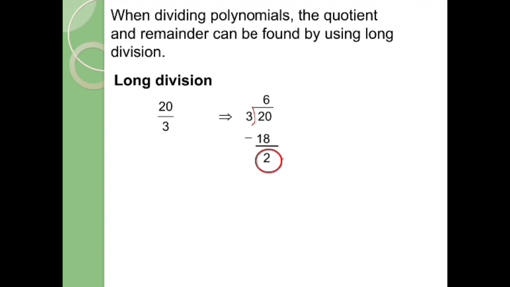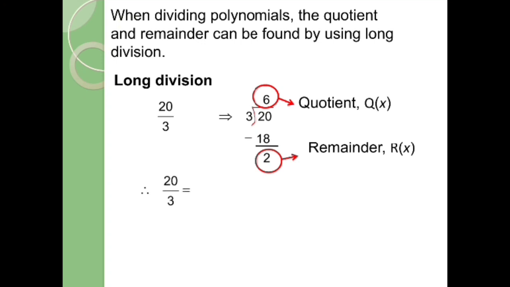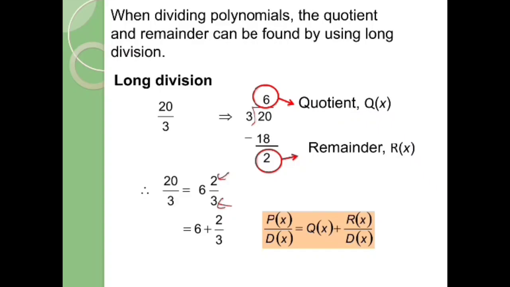The answer is 2 as the remainder. 6 is the quotient, and we write in this form: quotient, 2 is the remainder, and then 3 is the divisor. Or you can also split it up, 6 plus 2 over 3, that's where you get the general formula.